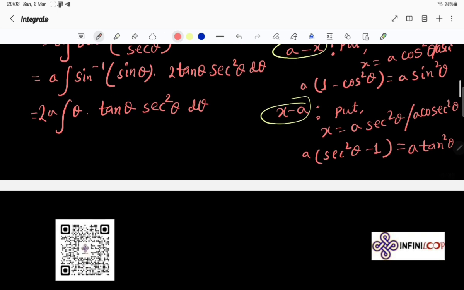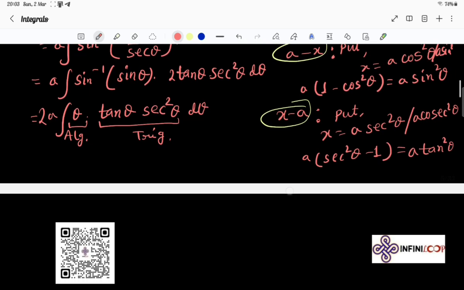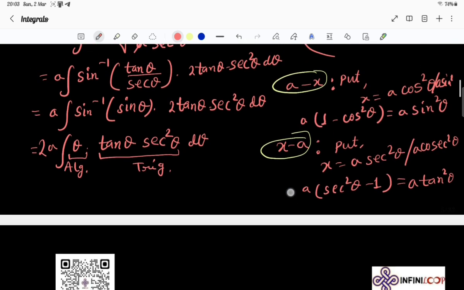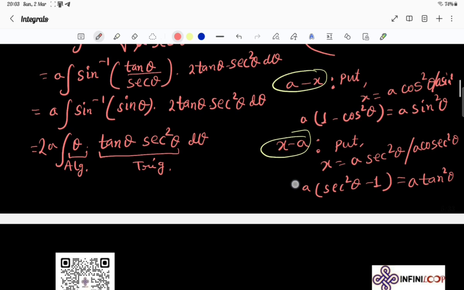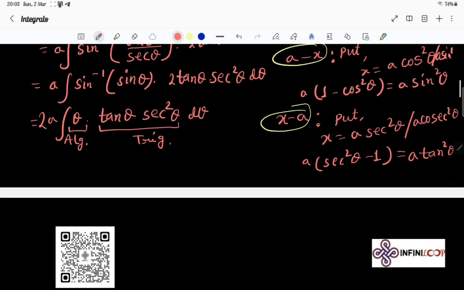Now this is a trigonometric function, and that is an algebraic function. As you know, if this type of integrand is coming, you have to apply integration by parts, that means the LIATE concept, the priority based rule. So between algebraic function and trigonometric function, which one has the first priority? In that case algebraic is the first priority.